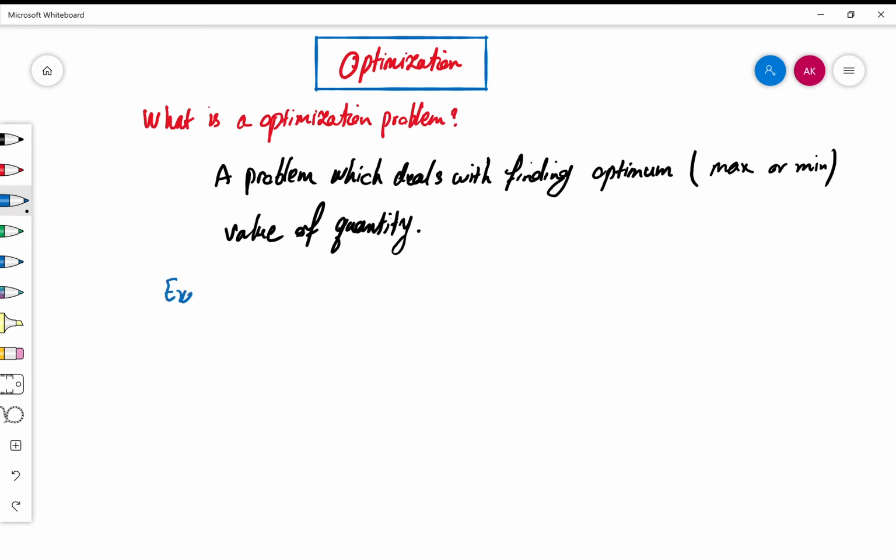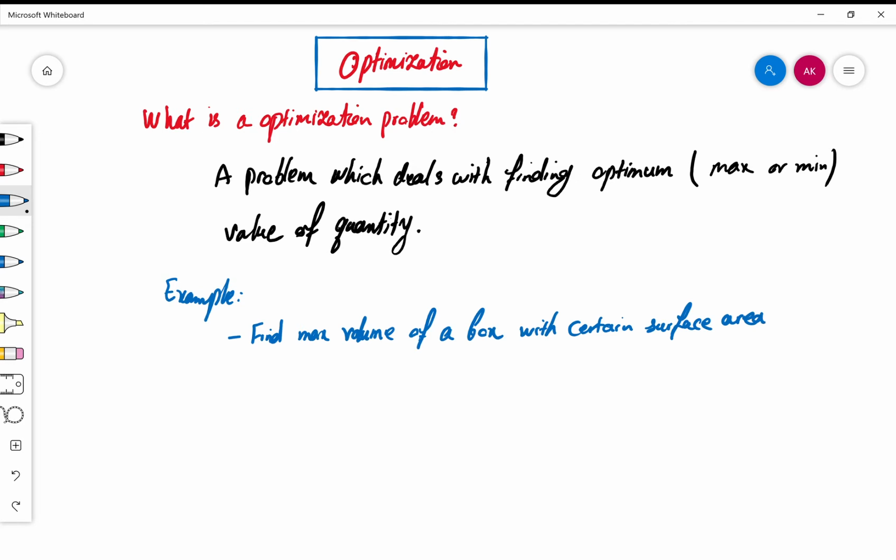Examples would be: find the max volume of a box with a certain surface area. So you have material to make a box, but there's a limit to your material, so you want to make the best out of it, the maximum volume.